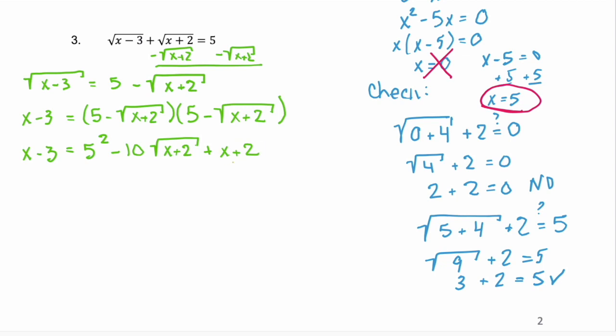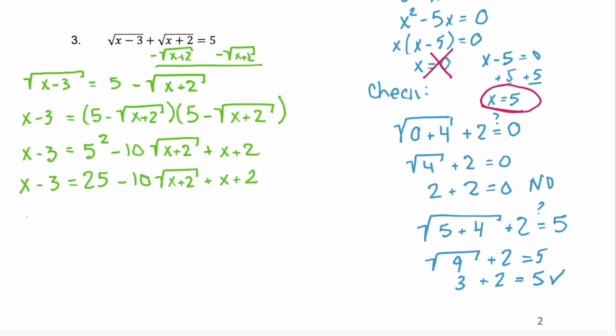This last set, x plus 2, comes from multiplying the square root of x plus 2 times the square root of x plus 2. Multiplying those two radicals together, you keep the radicand. Let's continue to simplify. X minus 3 equals 25 minus 10 square root of x plus 2 plus x plus 2.